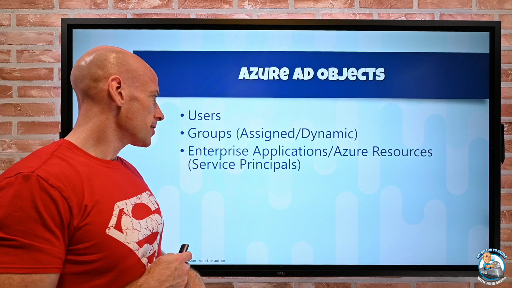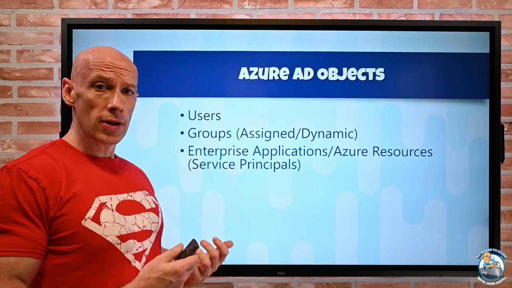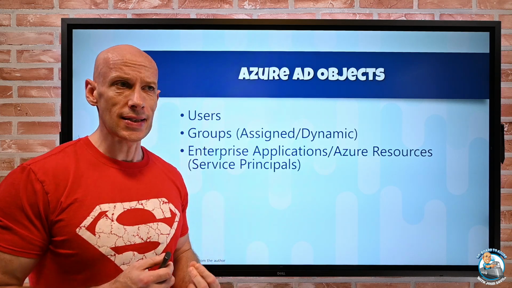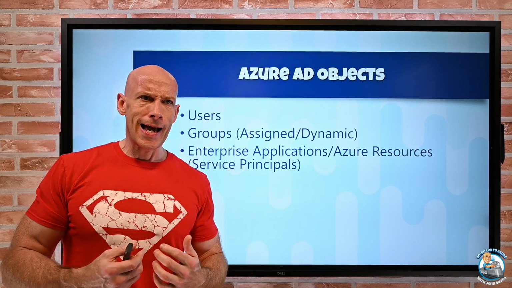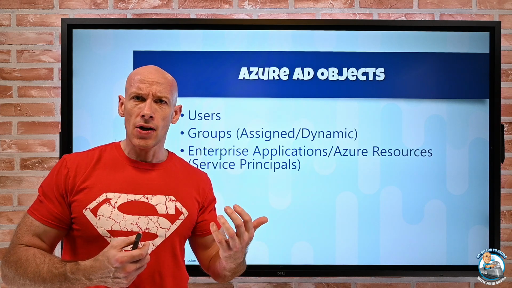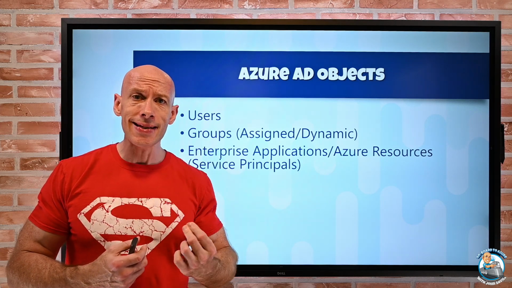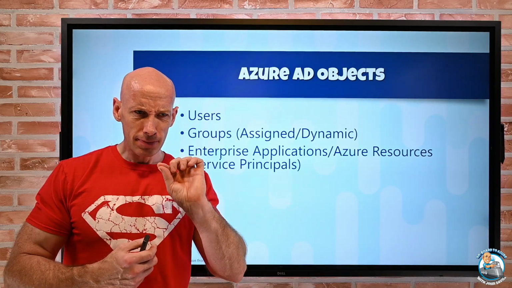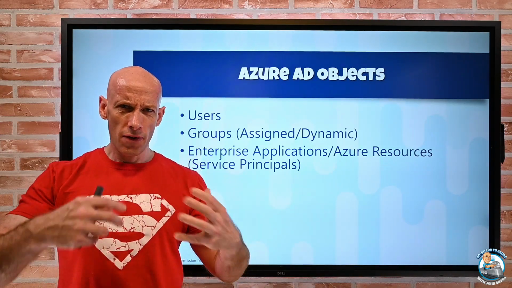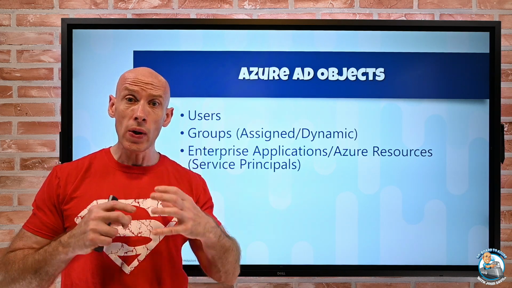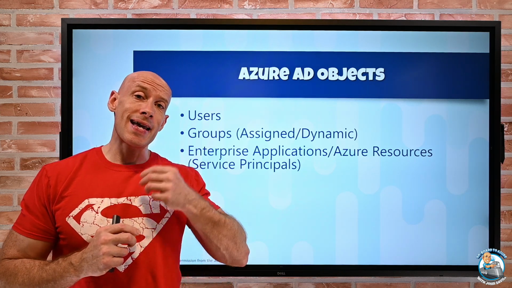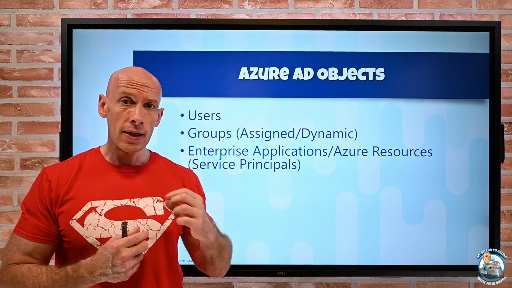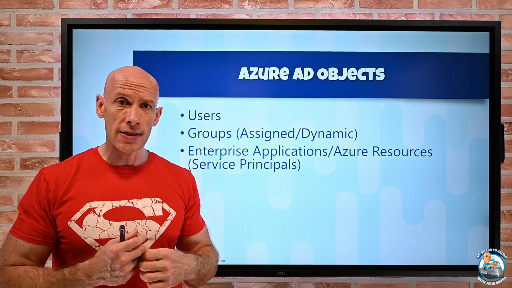Enterprise applications, they have service principals in my Azure AD. Azure resources, a virtual machine. Many other types of object, they can have an identity in Azure AD. It's called a managed identity. And what that allows me to do is within that particular Azure resource, and only that resource, I can act as that identity to authenticate and then be authorized to use other resources in Azure.